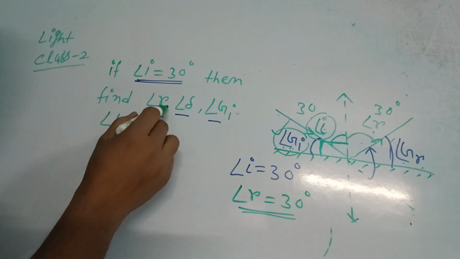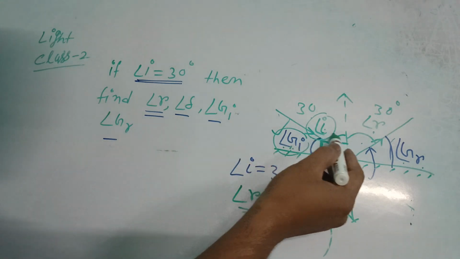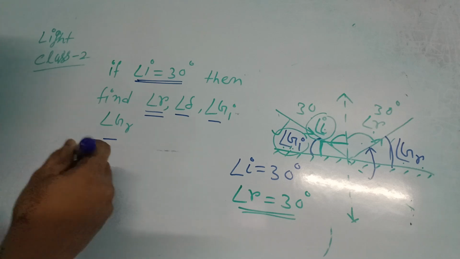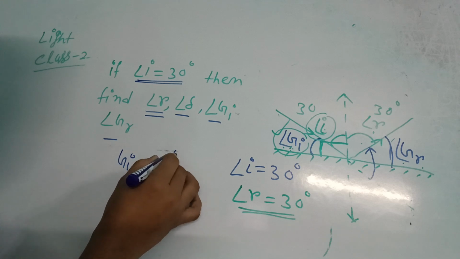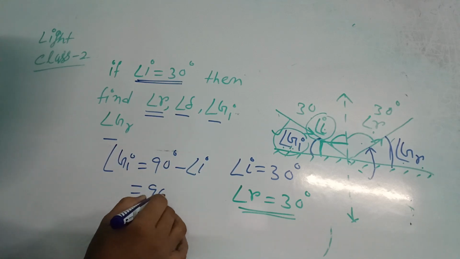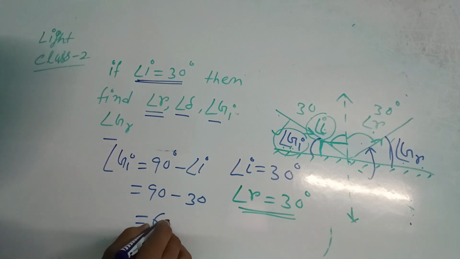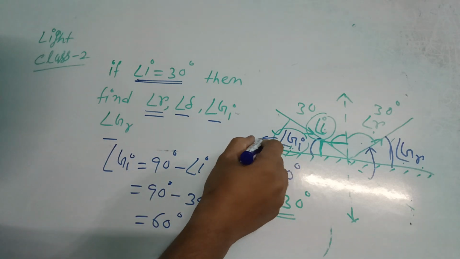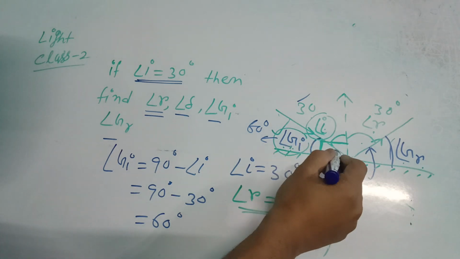Now what is the value of GI? GI means 90 minus I. We know GI is equal to 90 minus angle I, so it is 90 minus 30, which is 60 degrees. If I is 30, GI is 60 because the total angle is 90 degrees.